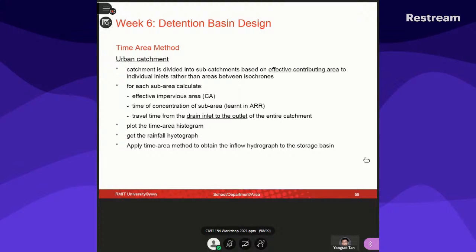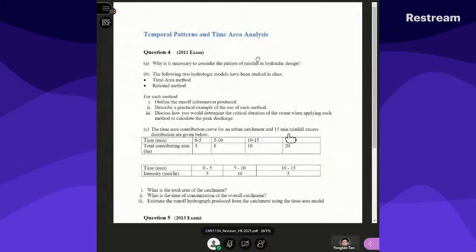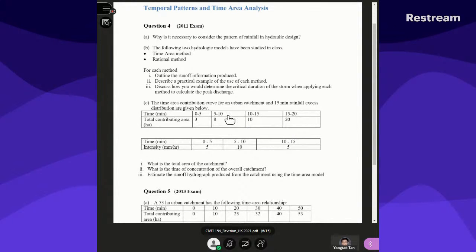I need to upload this, the workshop revision. Just wait a minute. I think you already downloaded the revision material, right? Revision questions 4 and 5. Let's look at question 4 firstly. Question 4, I think it's part C. Can you see that?